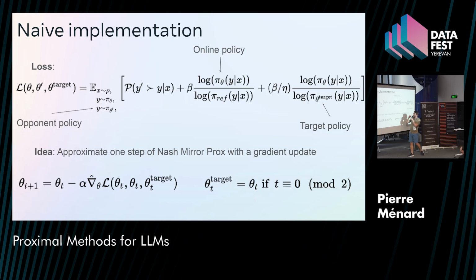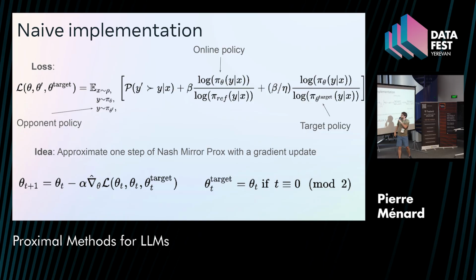Let's say this is the parameter of what we will call the online policy, the parameters or weights of the LLM you will update. You have the parameter of the opponent here, and some parameter of what we call a target network.